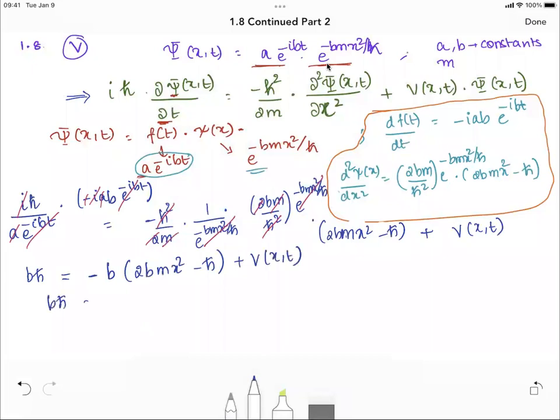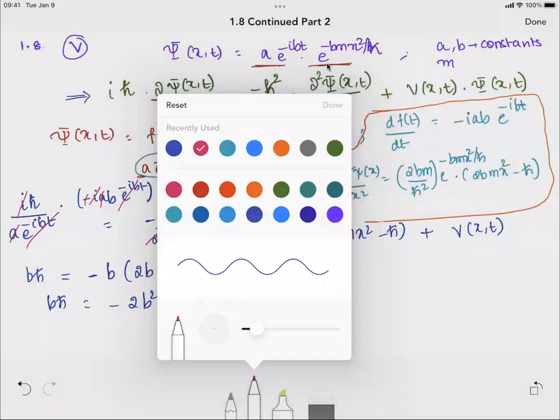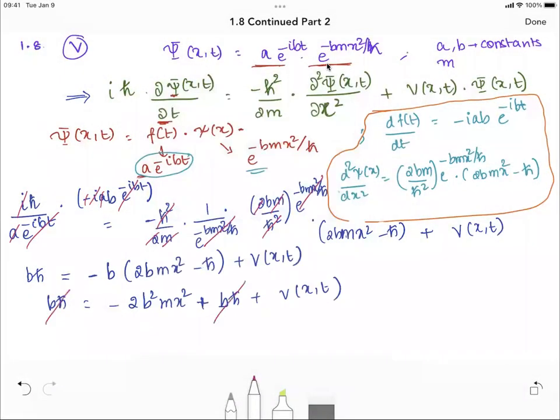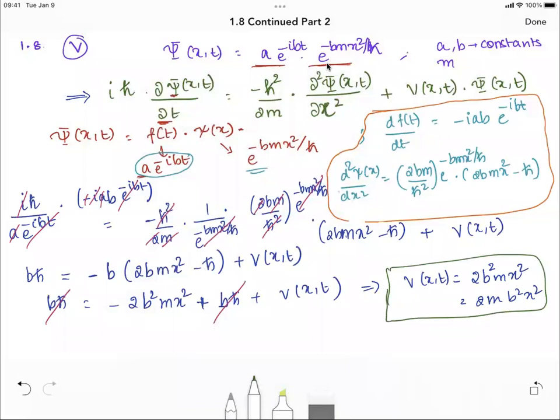Now I can write the same thing as negative 2b squared m x squared plus b h bar plus V of x comma t. Here we have another beautiful cancellation, and this implies V of x comma t is 2b squared m x squared. And this is what we are supposed to find. So this is the answer.